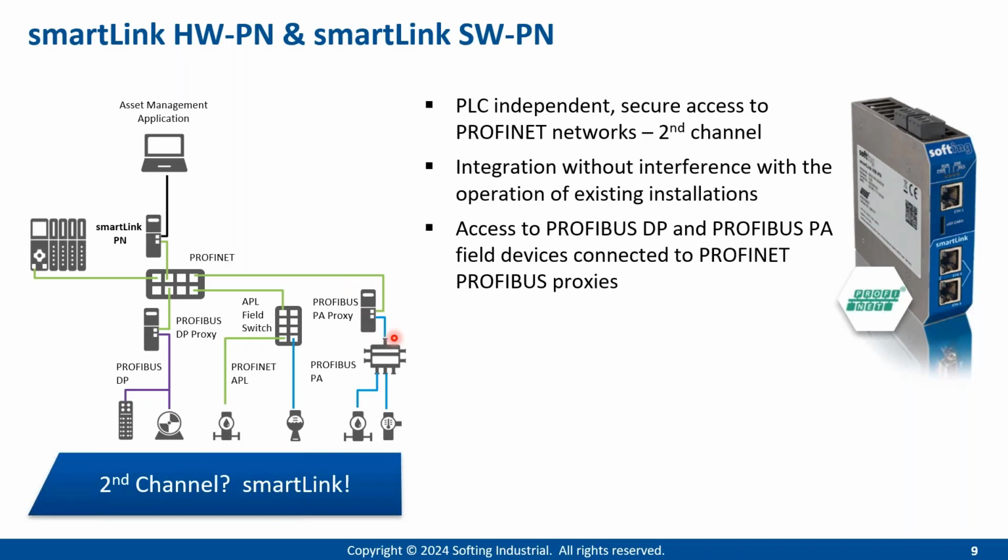It could be a standard proxy like our Softing PM Gate PA proxy, which allows you to tap Profibus PA segments into a Profinet network, or a Profibus DP proxy, like our PM Gate DP, which allows you to add Profibus DP devices to a Profinet network. And all of those can then be accessed from the asset management application.